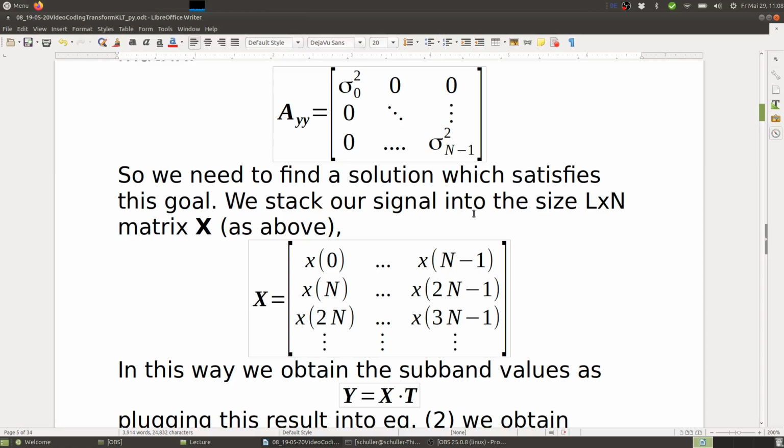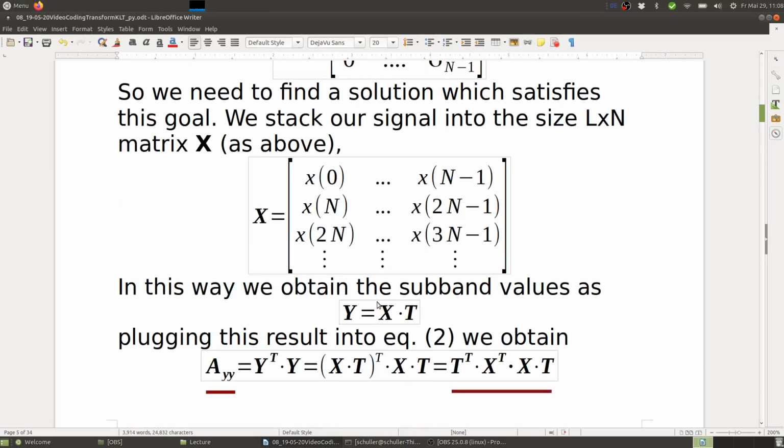We stack our signal into the size L times n matrix X as above. So we take this X, we compute the Y with this T, the still unknown T, and then we compute AYY. Right, so AYY is Y transpose Y, then we plug in this Y here.